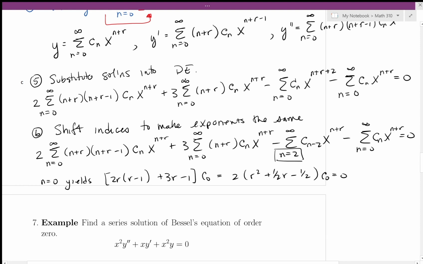That's the n equals 0 solution to this equation here.